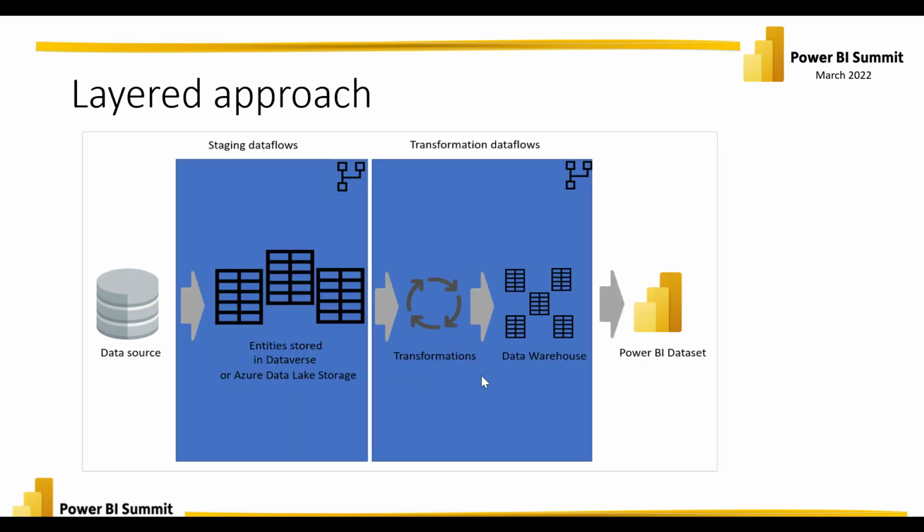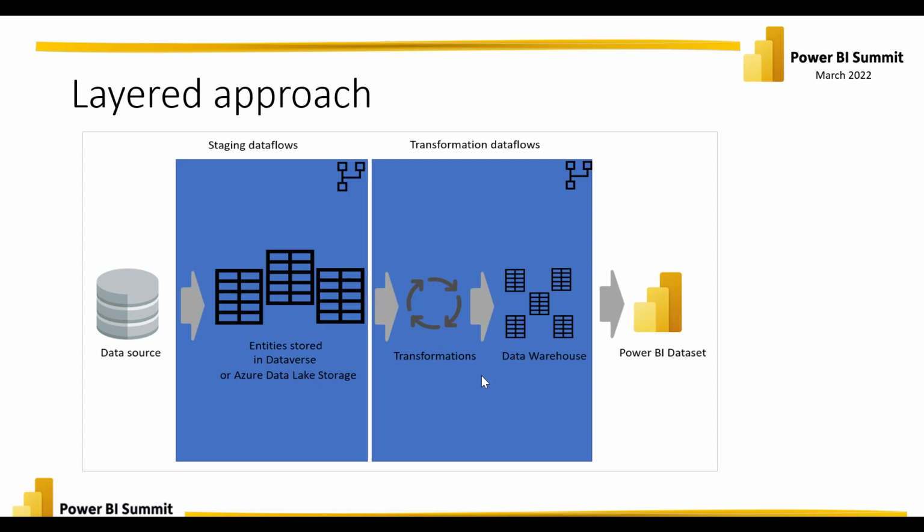So when we go to the layered approach, a layered architecture is an architecture in which you perform actions in separate layers. The staging actions can be in the staging layer, and the transformation actions can be in the transformation layer. Trying to do actions in layers helps minimize the maintenance required. So if there is something wrong with the staging, just the staging can be fixed.